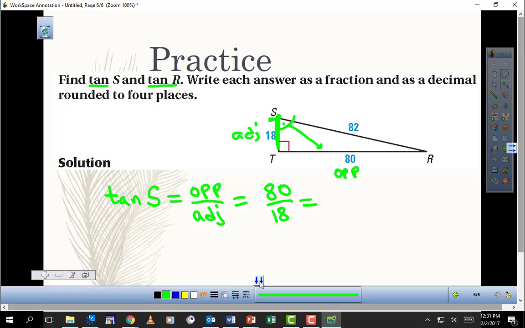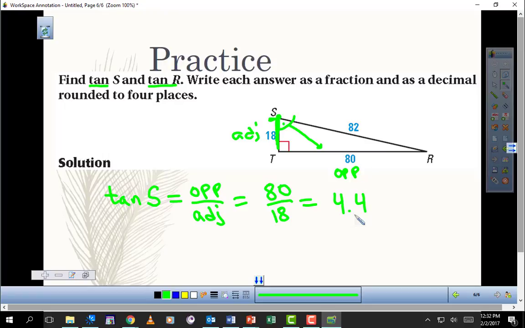So do this in your calculator and see if you get the same answer I get. The tangent of S is going to be 80 divided by 18. I get 4.4. Is this the answer they want? What do they want?